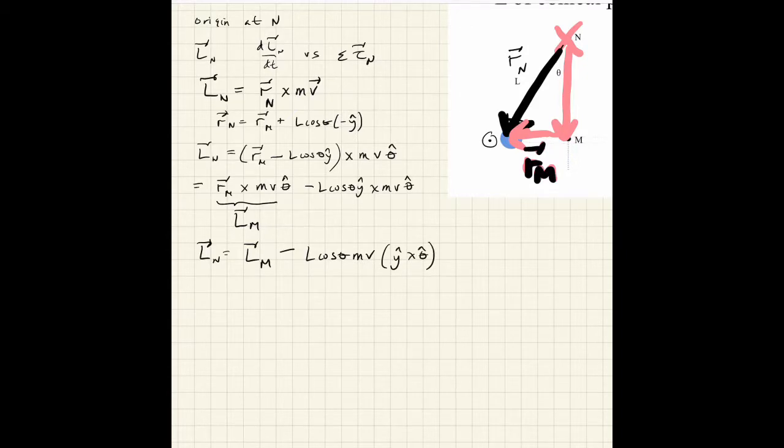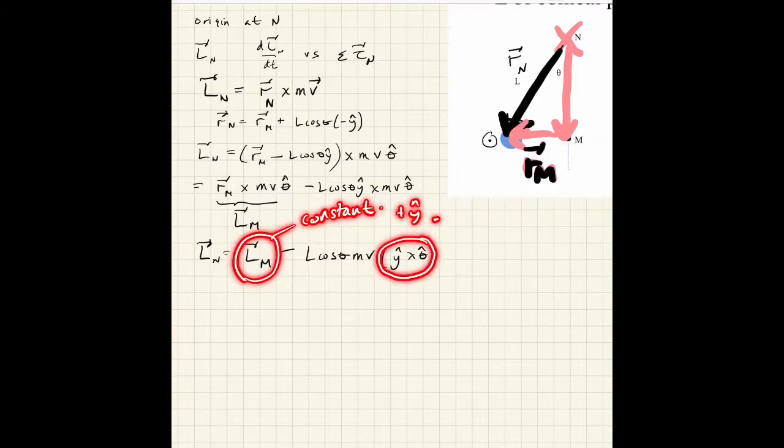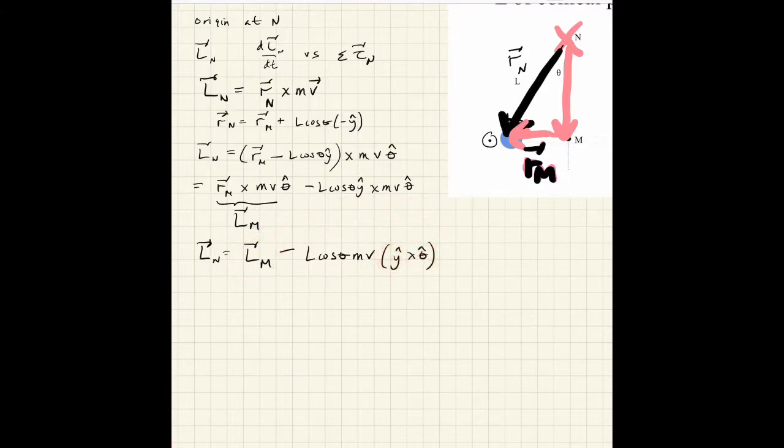Now, the interesting thing is that we know that this is a constant, right? We've already shown that it points in the positive y hat direction, its magnitude is a constant, so when you take a time derivative of this, it's just 0. This is not a constant: y hat crossed with theta hat is going to give you a minus radial direction.